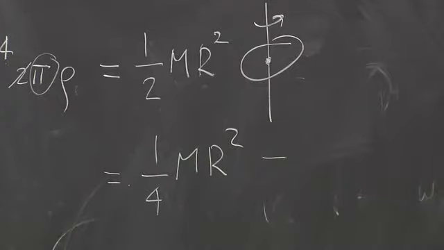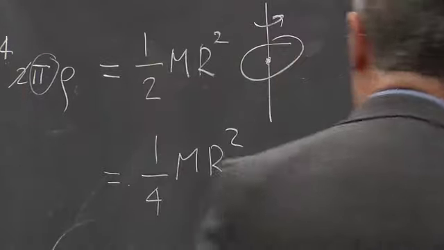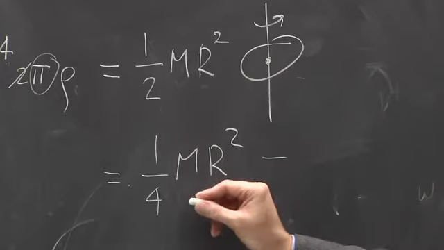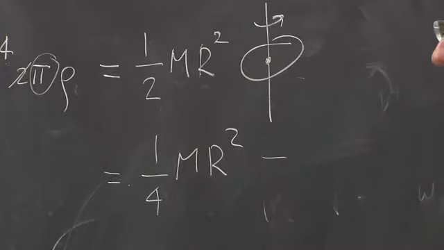So if you wish, it's kind of odd. I mean, the disk is half of the inertia of the ring, because that was mr squared. This is 1/2. So maybe over the weekend, it's supposed to rain, so why don't you check this? And another nice system to check is the thin rod.